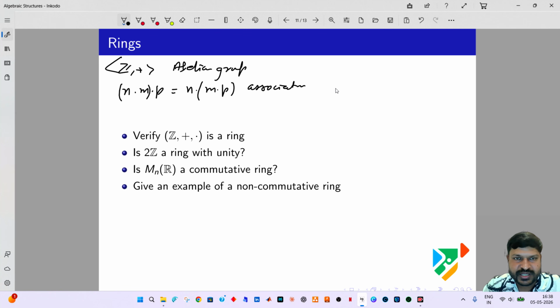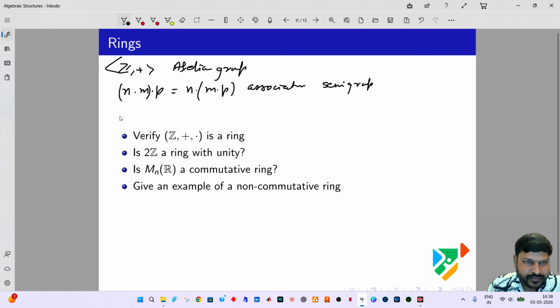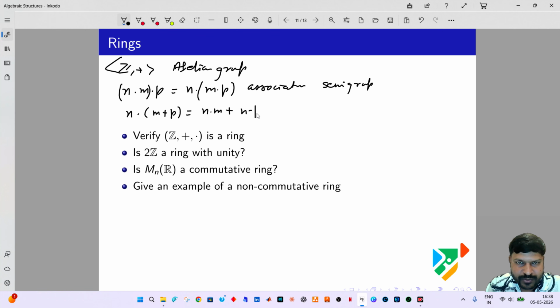With respect to plus, it is an abelian group. With respect to multiplication, it is a semigroup. Apart from this, multiplication is distributive over addition from both sides. That means n dot (m plus p) is the same as n dot m plus n dot p, and (m plus p) dot n is the same as m dot n plus p dot n.